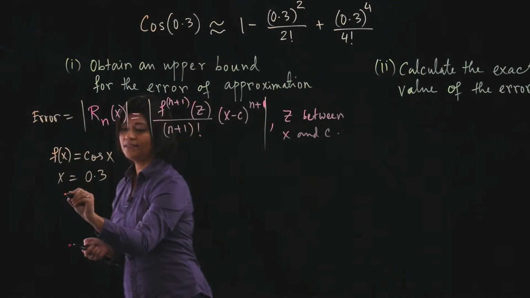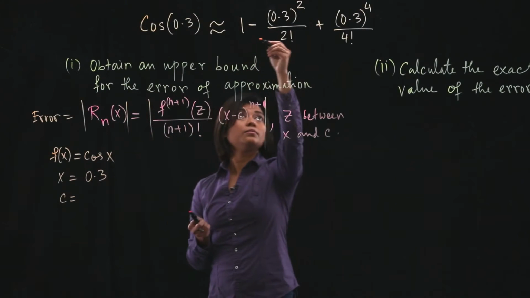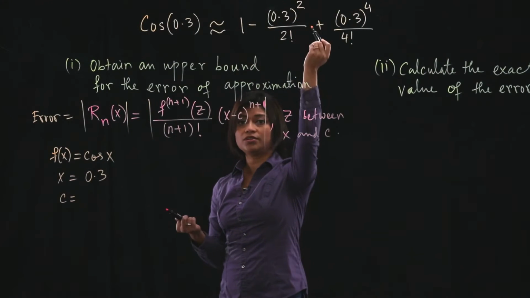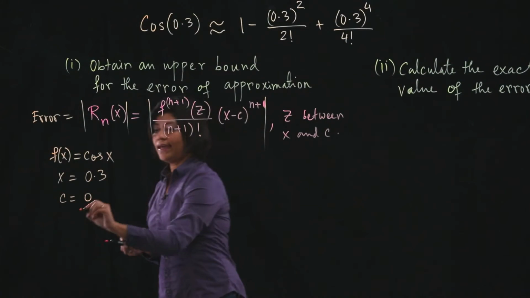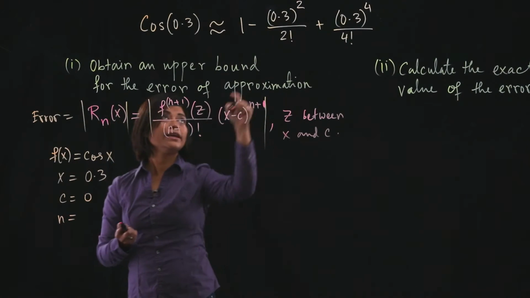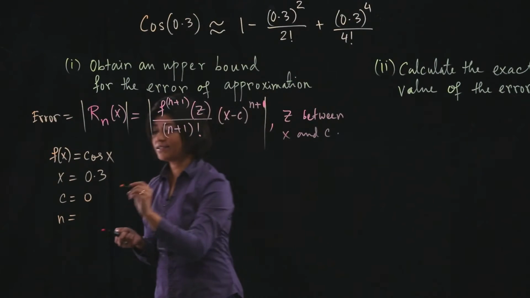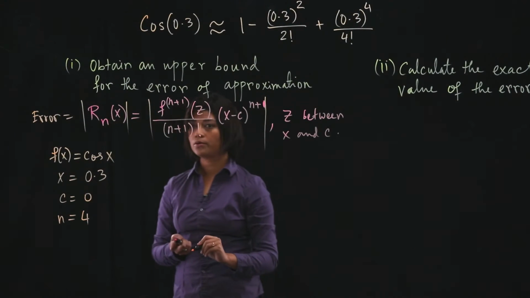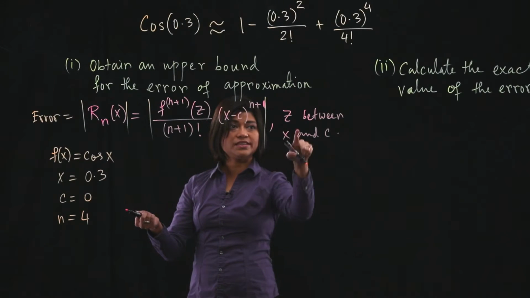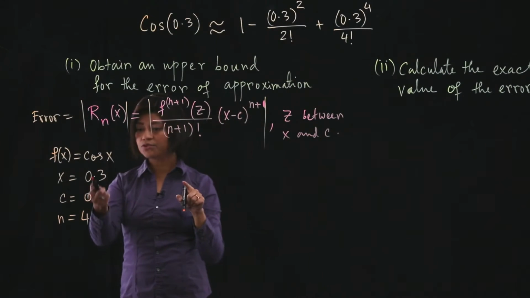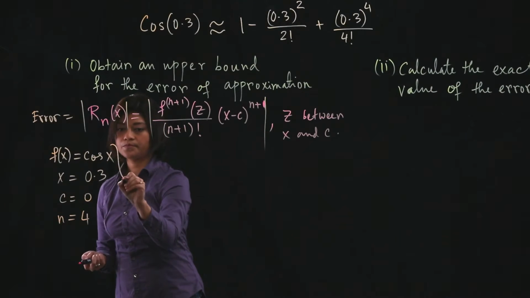The center c, from the Taylor polynomial, is 0. And the highest degree, n, is 4. We also know that z will lie between 0 and 0.3.